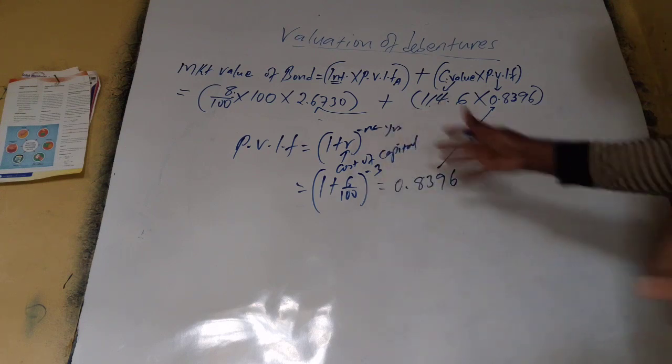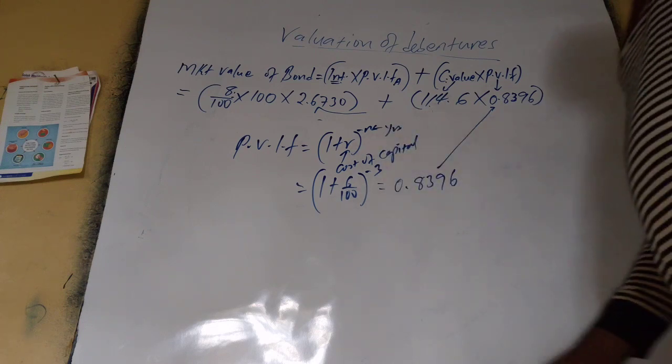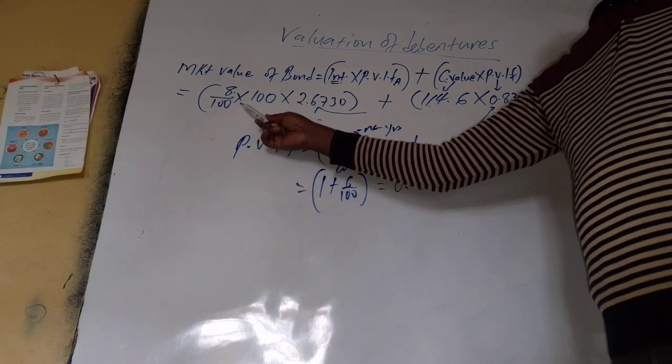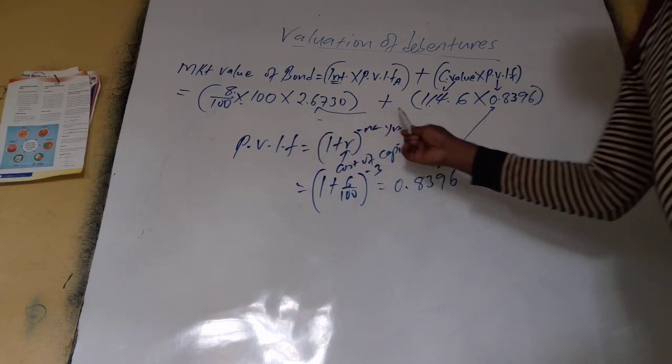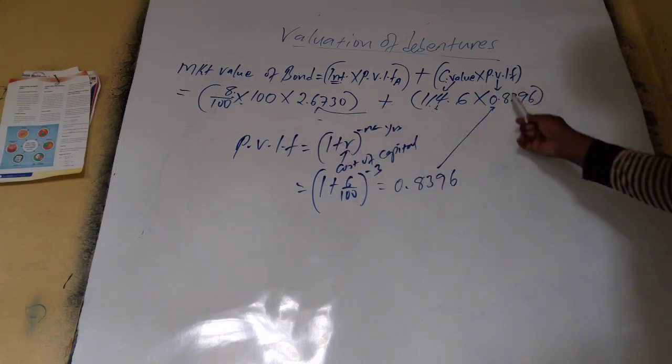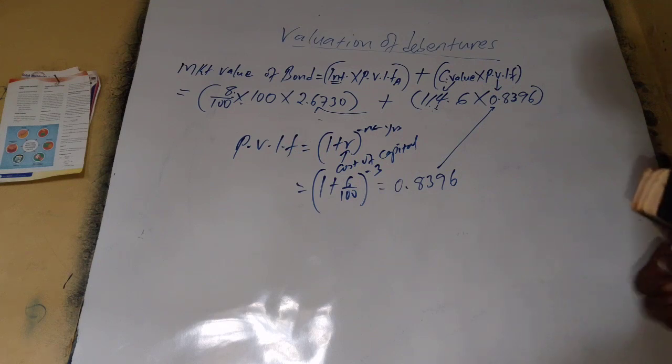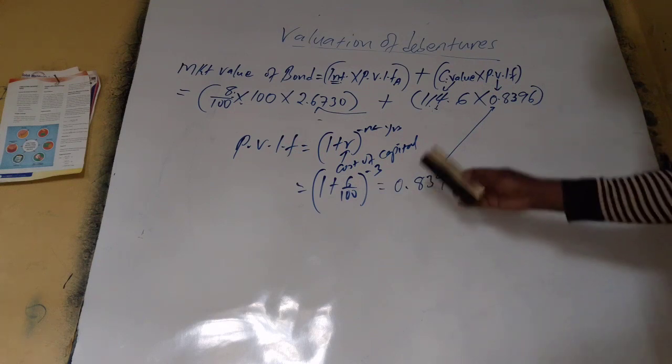Now compute the market value of the bond: interest times PVIF, plus conversion value times PVIF. Compute.